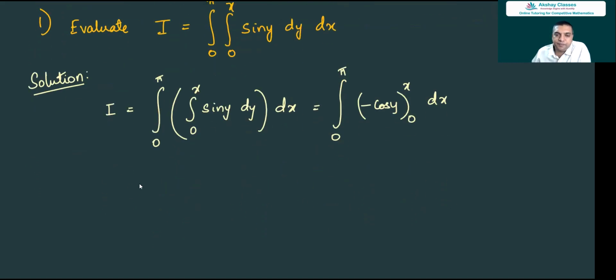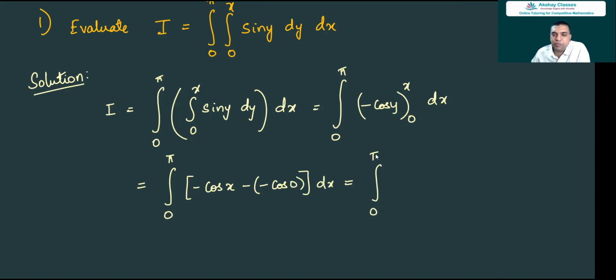So now integral 0 to pi. Now apply the limits. We get minus of cos x minus of minus cos 0. Cos 0 is 1. So we end up getting 0 to pi, 1 minus cos x dx.